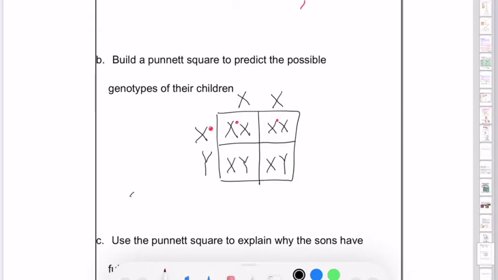Well, we've got 2 that are X carriers. Those are girls. And 2 that are just XY. So these are carrier females, and these are normal males.